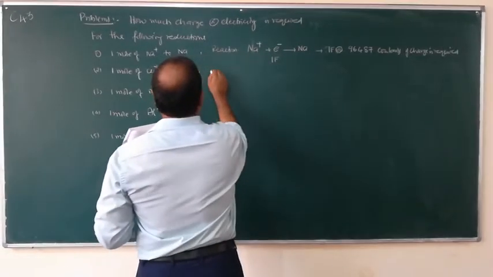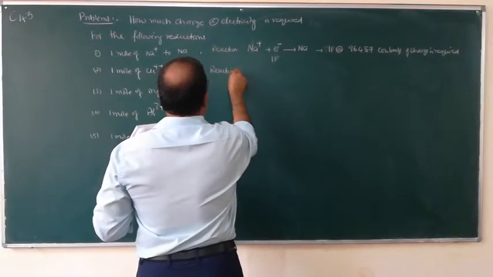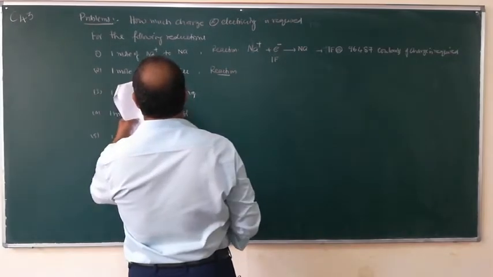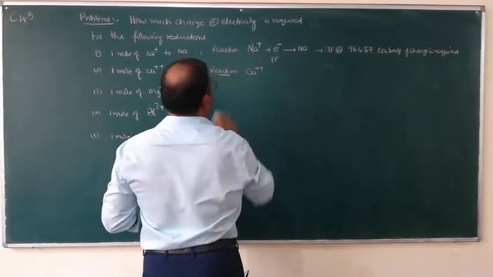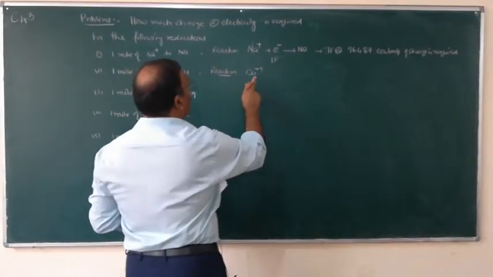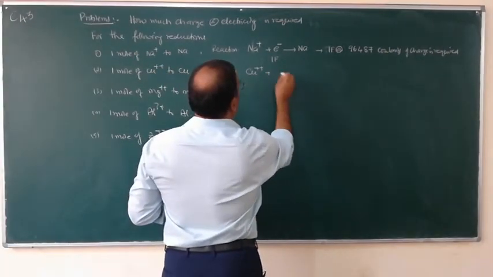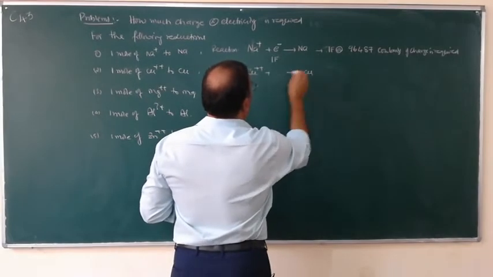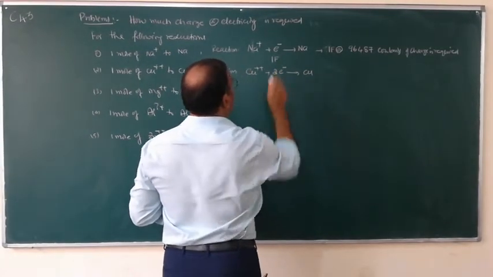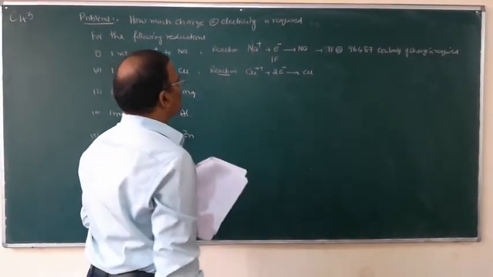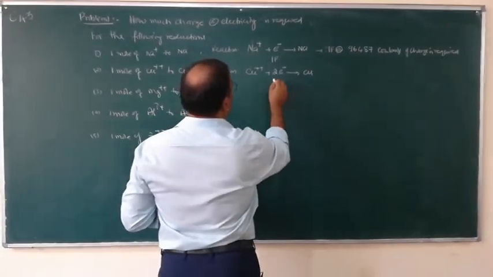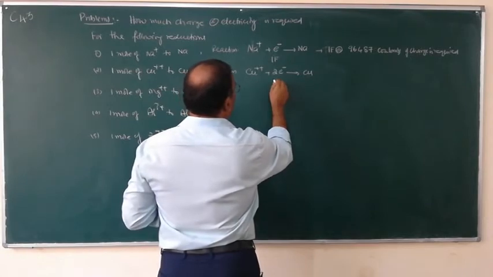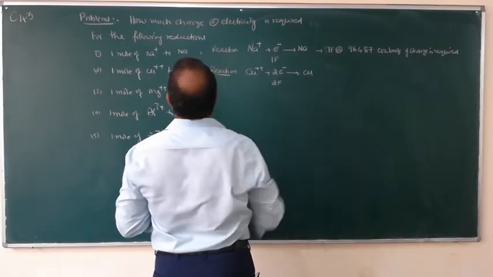So in this reaction, what is the reaction? 1 mole of Cu2 plus to Cu. Cu2 plus, bivalent copper ions, to be converted to a copper atom, it has to gain 2 electrons. So 2 moles of electrons. So what is the charge in Faraday? 2 Faraday.